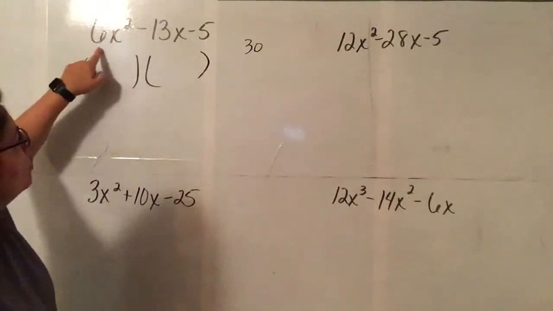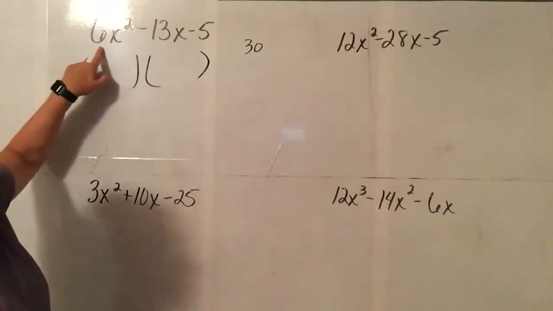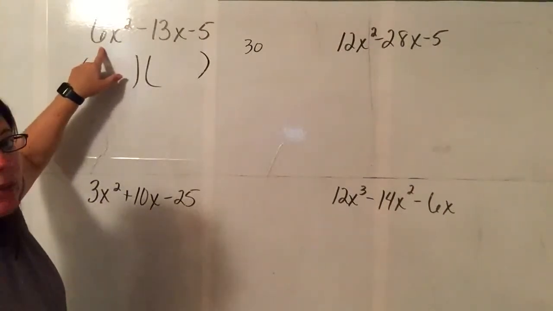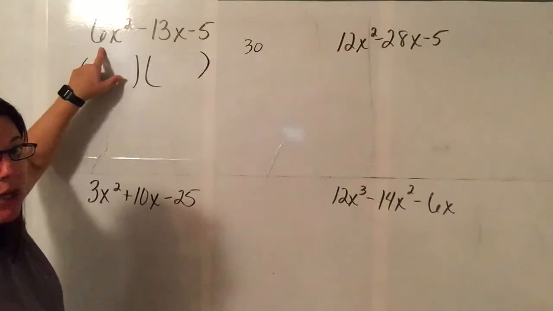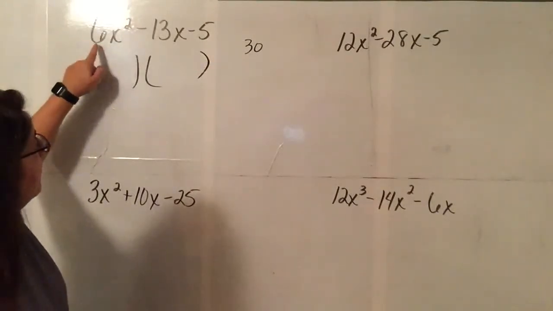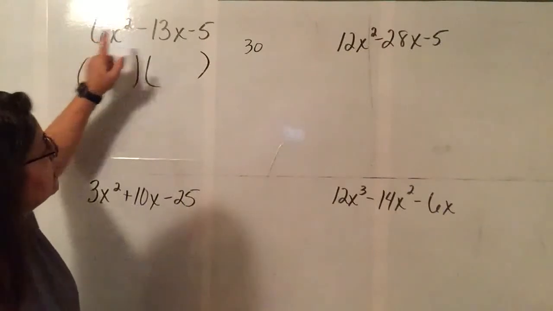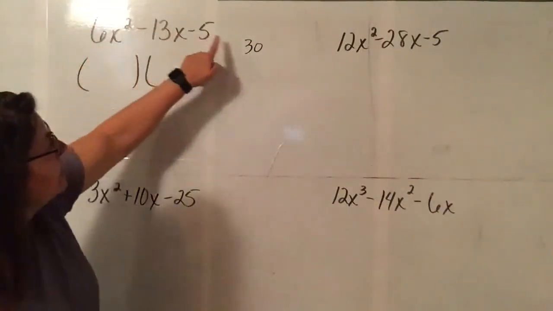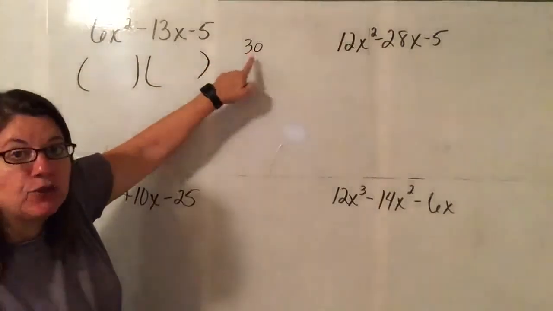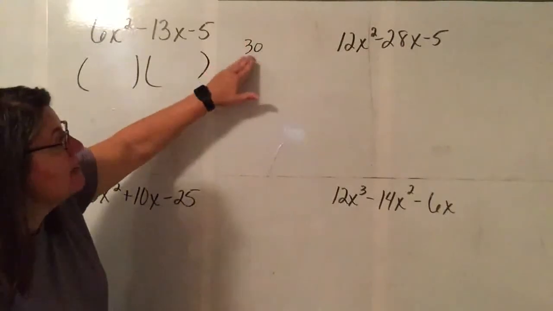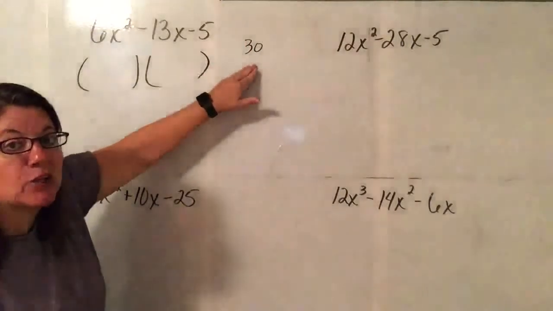When there is a coefficient other than 1 in front of the x squared term, in order to get the numbers that multiply together to give you the middle number, we have to multiply the first coefficient times the last term. So 6 times 5 is 30. We have to do that first. Once we get this number, that is the number we're going to find factors of.